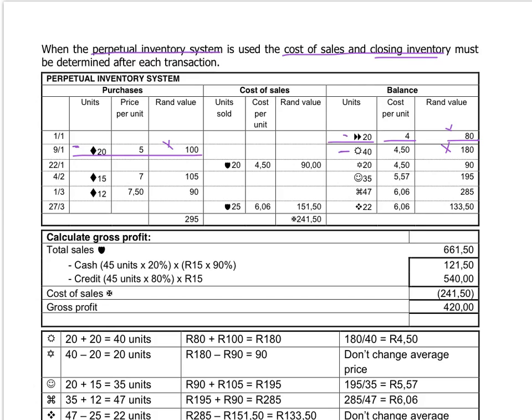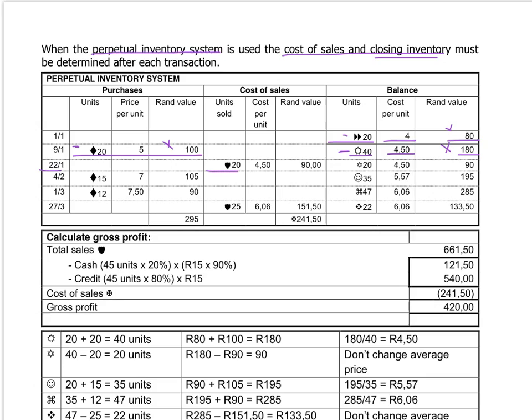To calculate the average price, I will take the 180 Rand divided by the 40. So the 180 Rand divided by the number of units 40, and that will give me an average price of 4 Rand 50.